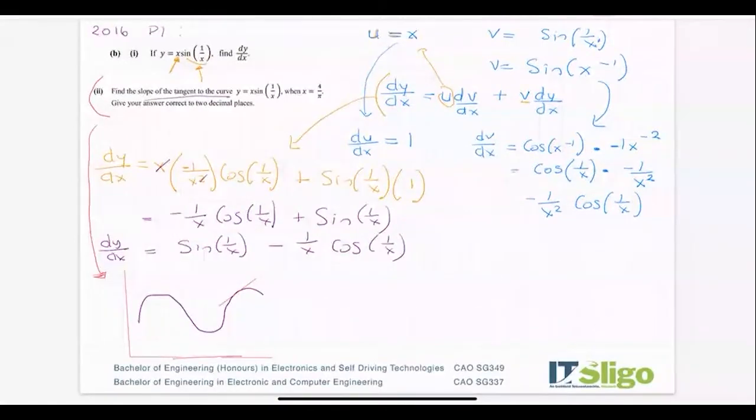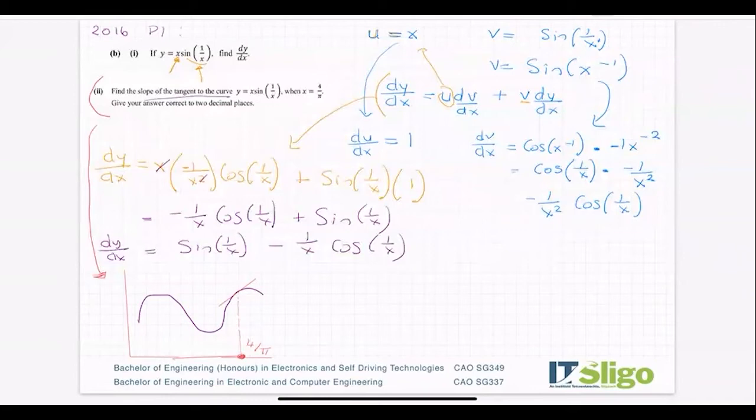So what's this question asking you? Well, I'll tab down there, and I will say that's x being equal to 4 over pi. That's that value here.